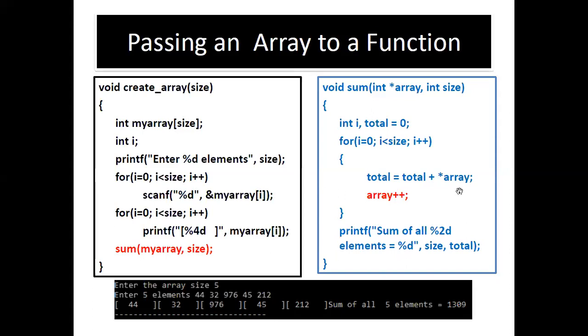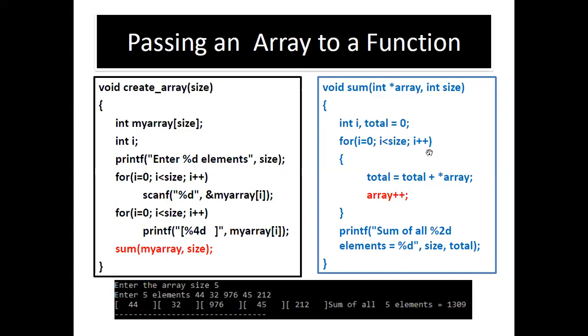And these are the small mistakes students make during interviews. Value at address of array. You're not going to write array of 0, array of 1, array of 2 like that here. It is value at address of array, and then array plus plus. So automatically it will take care of moving the pointer to the next element.